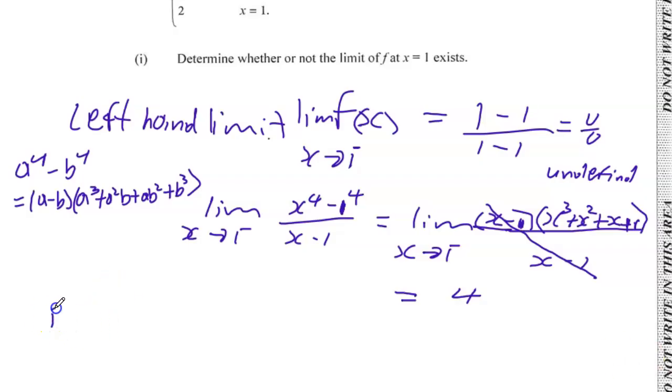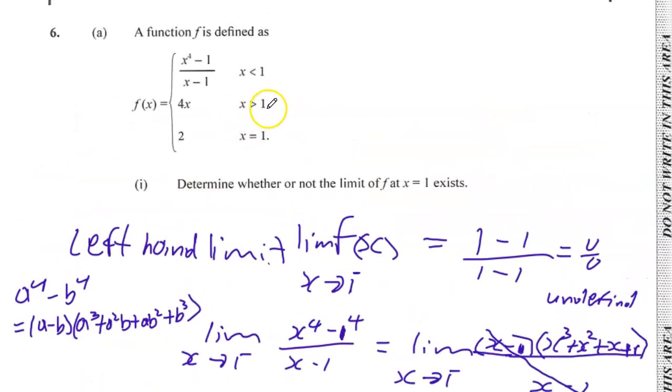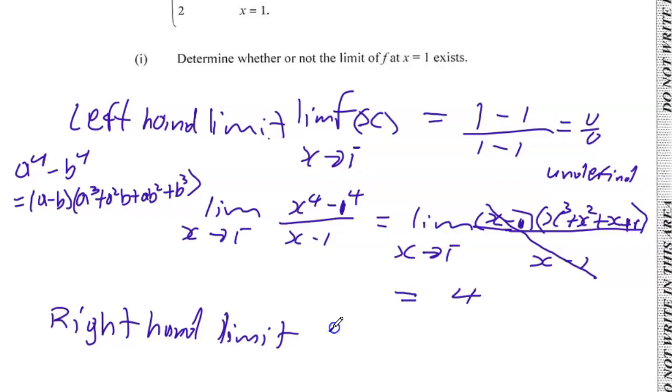The right hand limit now. We use the domain for x greater than 1, which is 4x. So the limit of the function 4x would be 4.